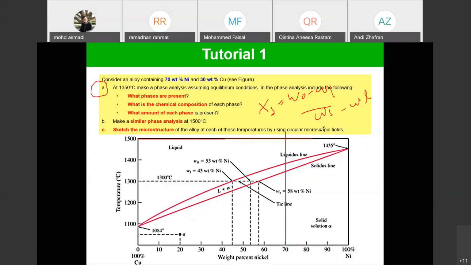The size is maybe around the size of a coin, 20 cents or 10 cents. And at 1350, this is what you have to draw. What is the microstructure? So you have to draw. You do like this.